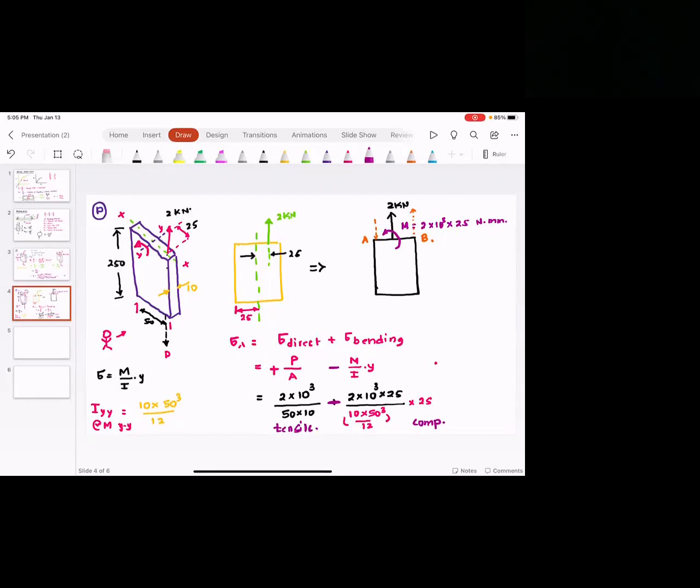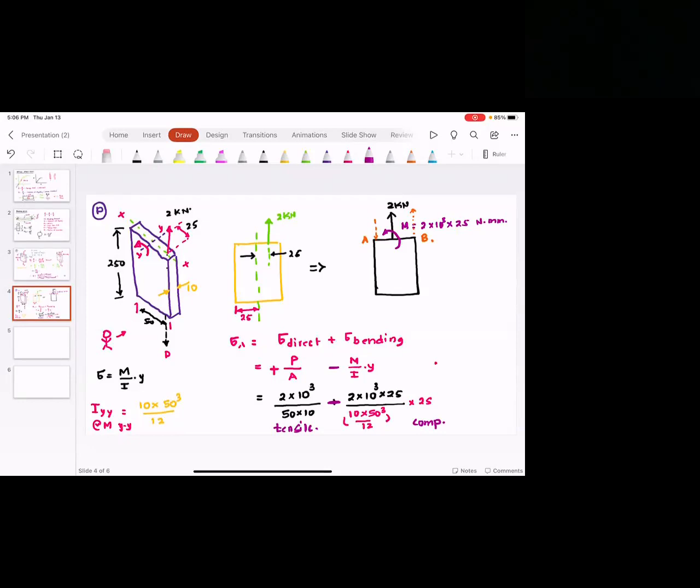Now what would happen at B? At B, please note the magnitude of the bending stress is going to be the same because the Y value is the same, the M value is the same, and the I value is the same. The only difference is that at B the bending stress is tensile.